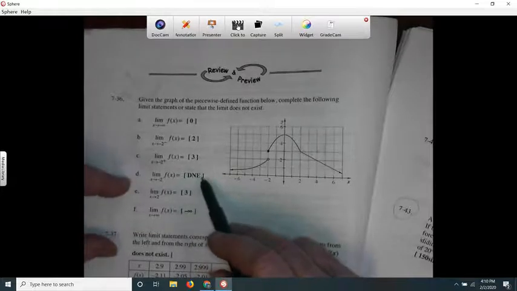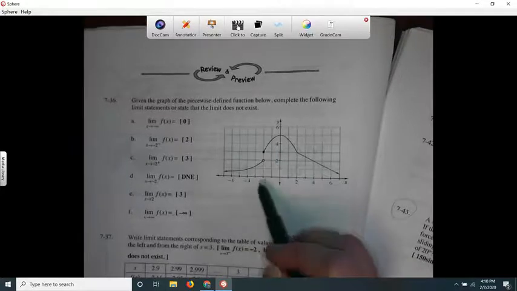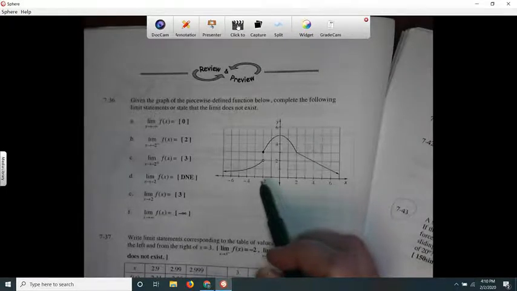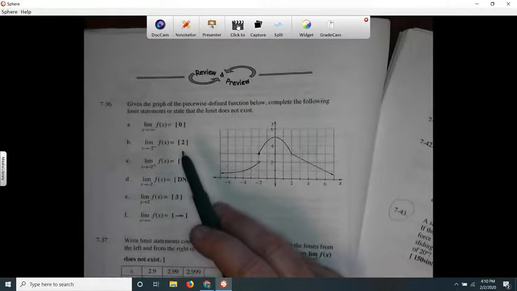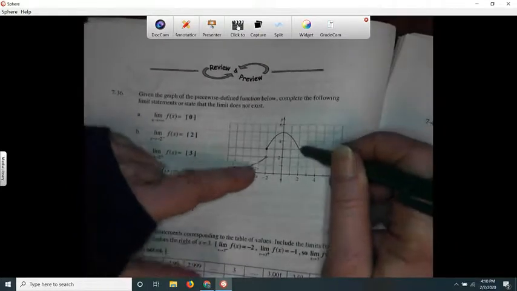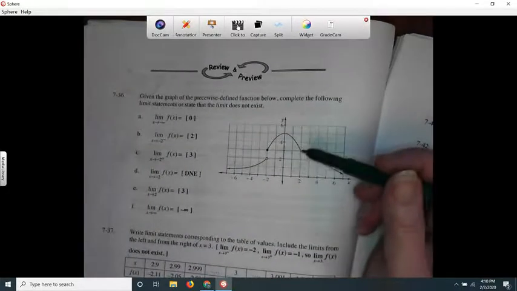Now, we've learned in our book that when you approach an x value from the left and the right, and you don't end up with the same limit, if the limit is different when you approach from the left than when you approach from the right, then we say DNE, it does not exist. The two bugs, as they approach each other, are not going to meet in the same spot. So we say the limit doesn't exist.